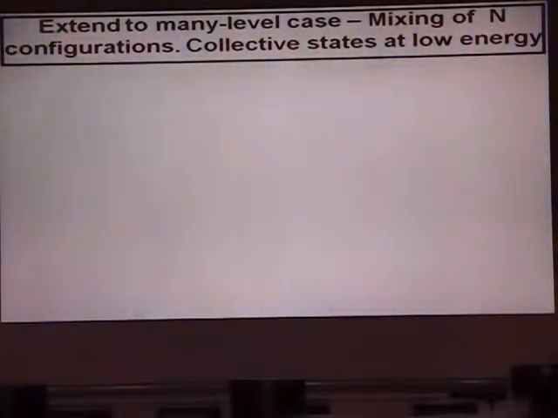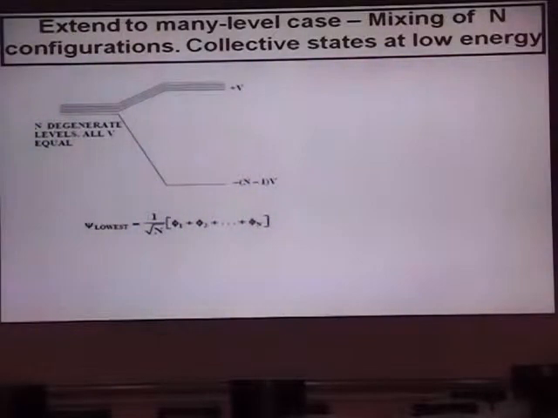In general, that's a very complicated situation. I'm going to look at a toy model here, which is very simple, but which captures the essence of the real situation. So I'm going to consider n levels, all of them degenerate, all interacting with the same matrix element.